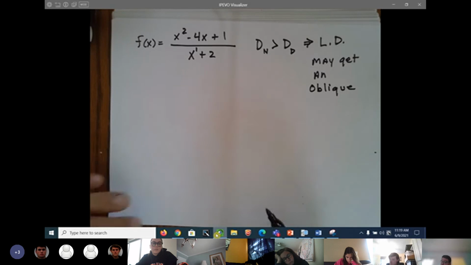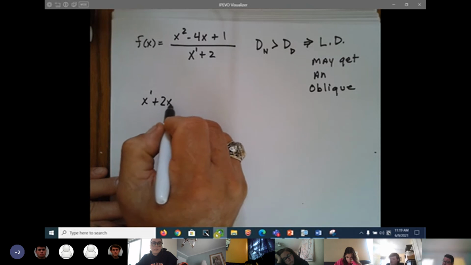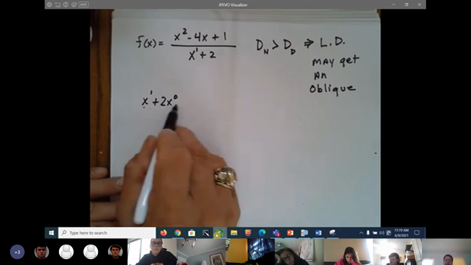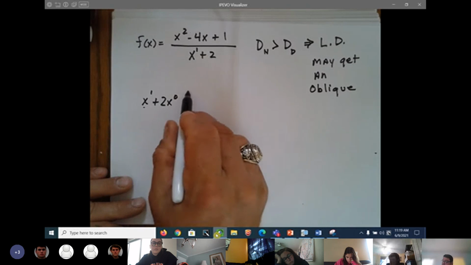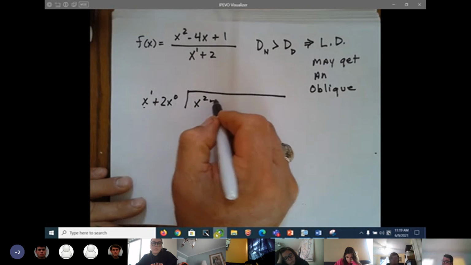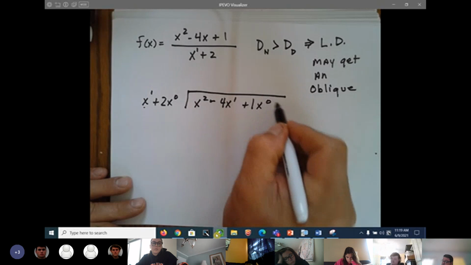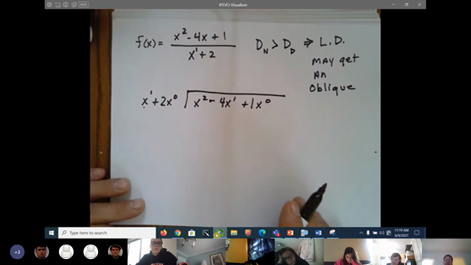So I'm going to take x to the first plus 2x to the 0. So everything's there. And let's check the other one. X squared minus 4x to the first plus 1x to the 0. So everything's there. We don't have to worry about missing terms.